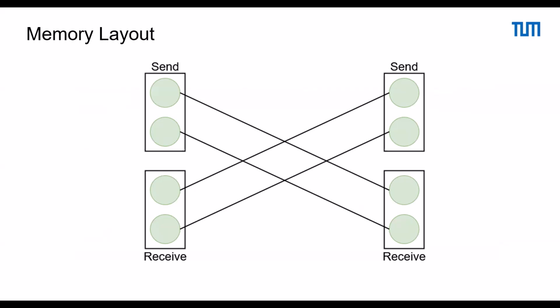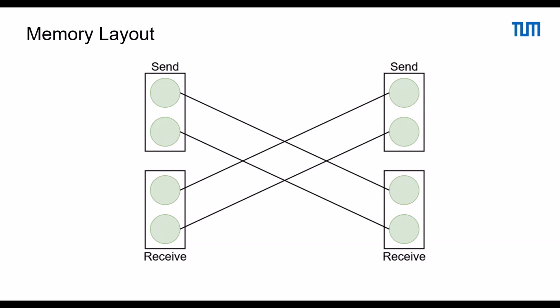Because this allows us to do full duplex communication. When we have, for example, entanglement from left to right, we're only using entanglement from the send memory and the receive memory. And then when we go from right to left, we only use the send and the receive. So they are basically separated.